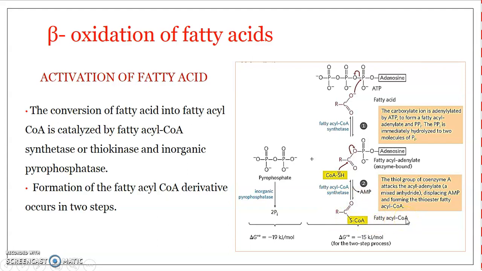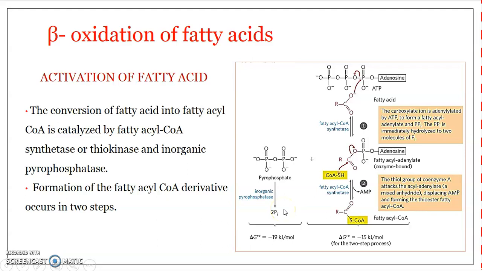I hope it is clear. So here what happens? Fatty acid is reacted with ATP. During this process, we get an intermediate fatty acyl adenylate, which gets acted upon by coenzyme A, and we get a fatty acyl coenzyme A. During the whole process, ATP gets converted to AMP, and two inorganic phosphates are produced as a result.